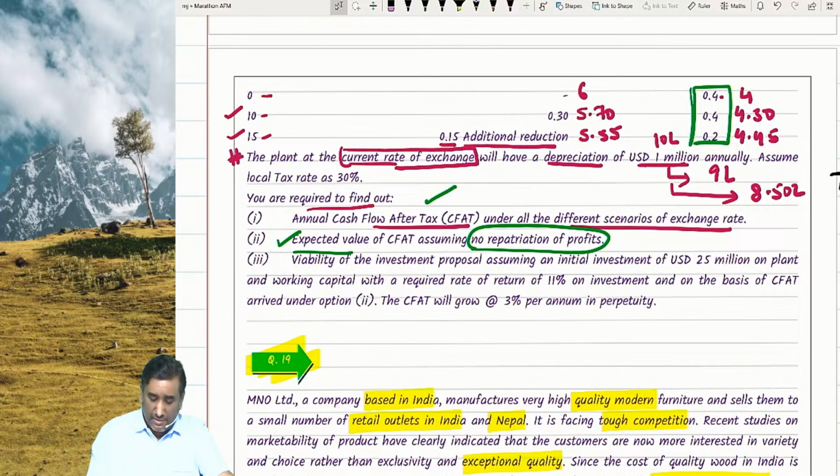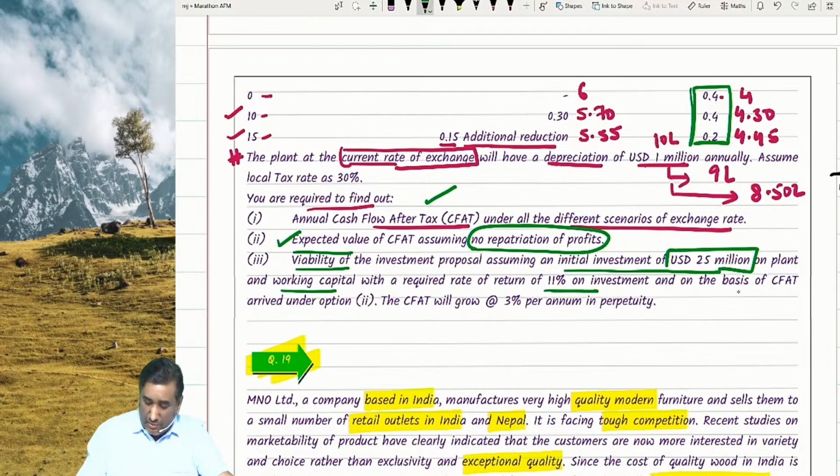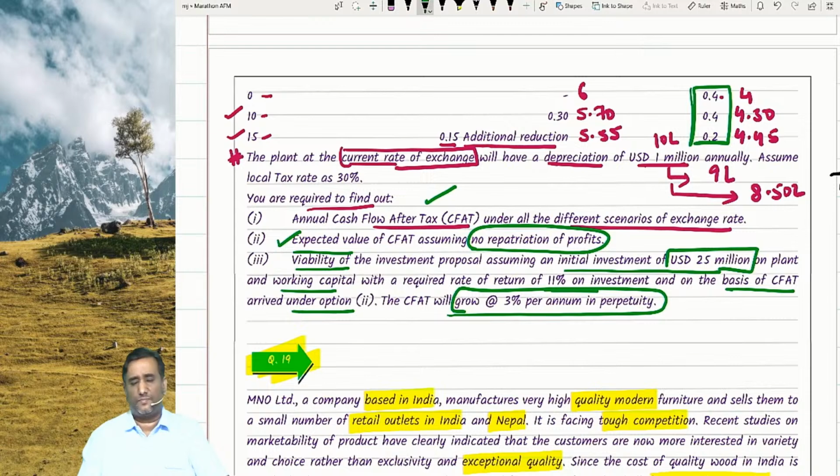Viability of the investment proposal, assuming initial investment of dollar 25 million. That's your zero period investment. Working capital, that means 25 million includes both of them, with required rate of return of 11%, and on the basis of CFAT arrived under option 2, CFAT will grow 3% in perpetuity.